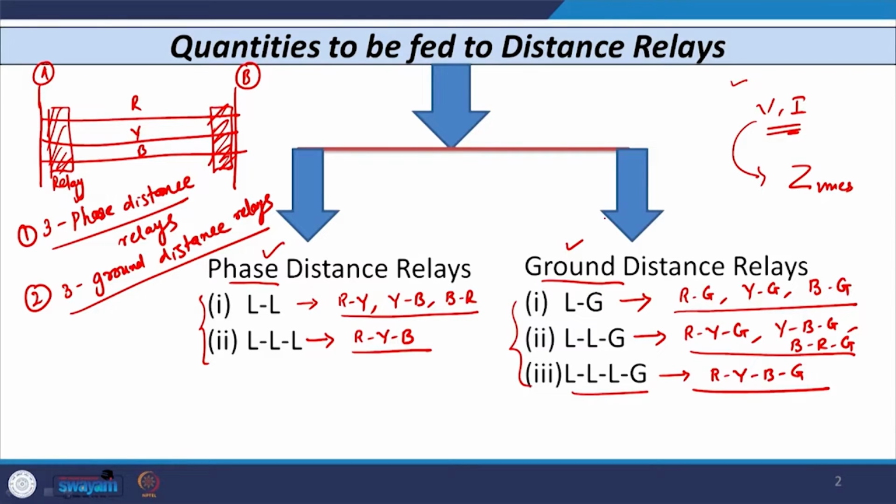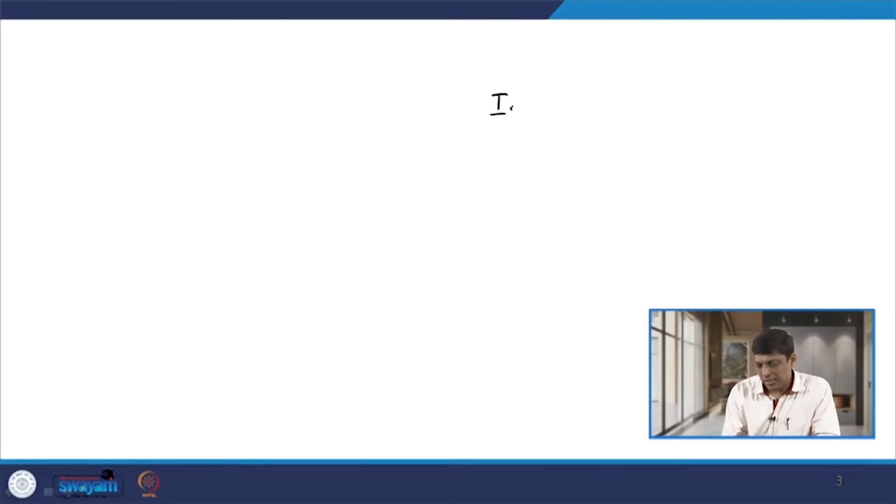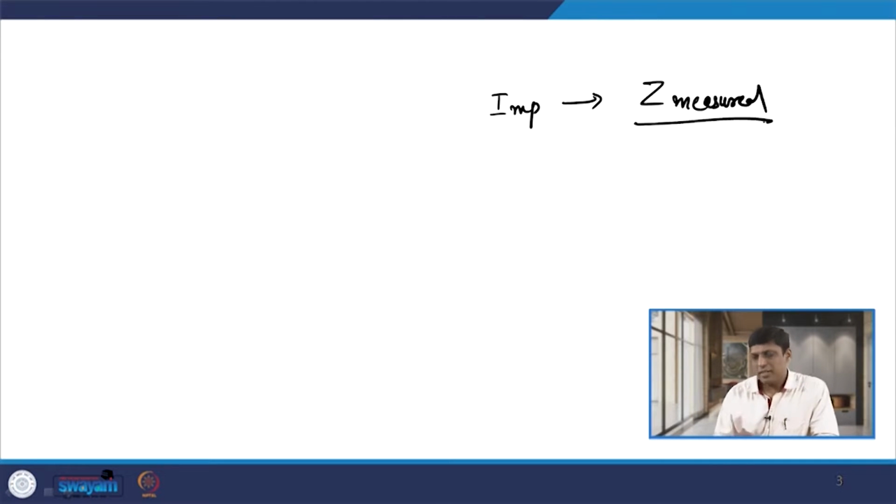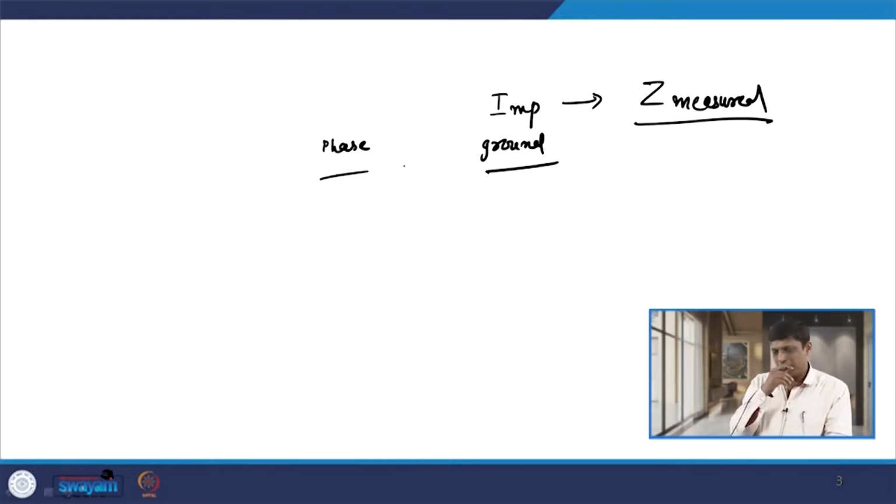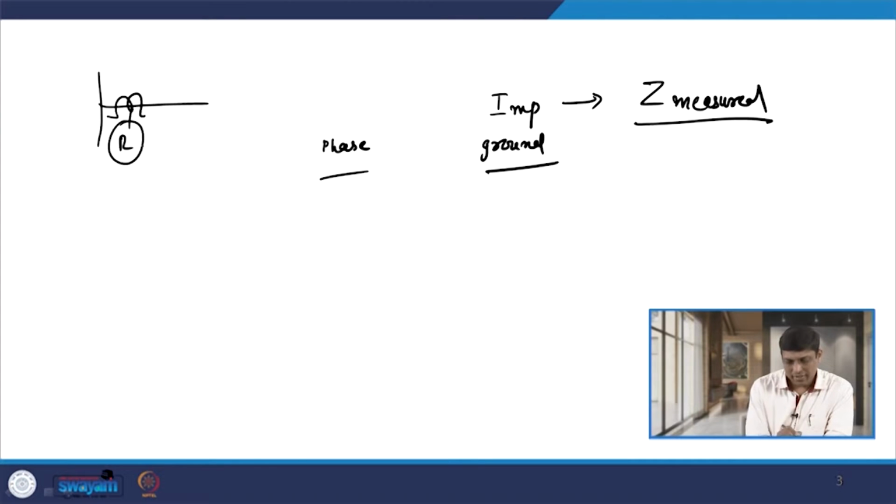right. So, whenever the relay measures the impedance, that impedance is known as the measured value of impedance, that is measured by the distance relay. Now, whenever we consider the phase distance relay and the ground distance relay, each and every time, as I told you, the relay is connected somewhere here on the secondary side, and we are also giving the input from the PT secondary to the relay.